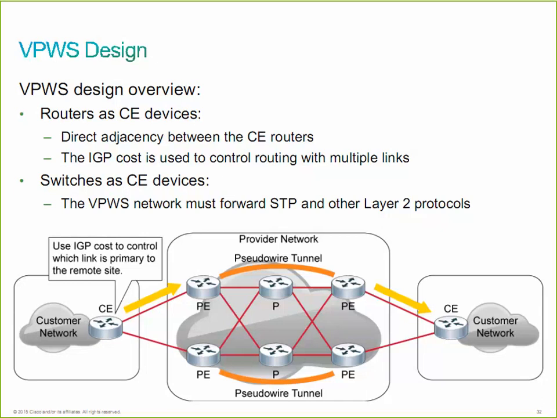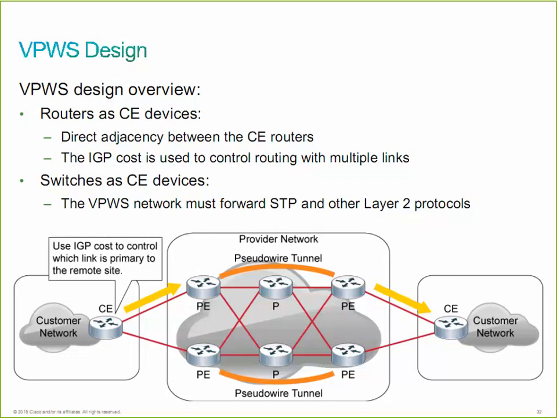So the CE router needs to have an IP address on its physical interface, and it has to be in the same subnet as the physical interface of the remote device as well. We can use sub-interfaces if we want to, if we have multiple layer 3 connections at the remote site, just like you would if you connected two routers back to back and you had multiple subnets. You could do trunking or 802.1q tagging and have different subnets across the link.